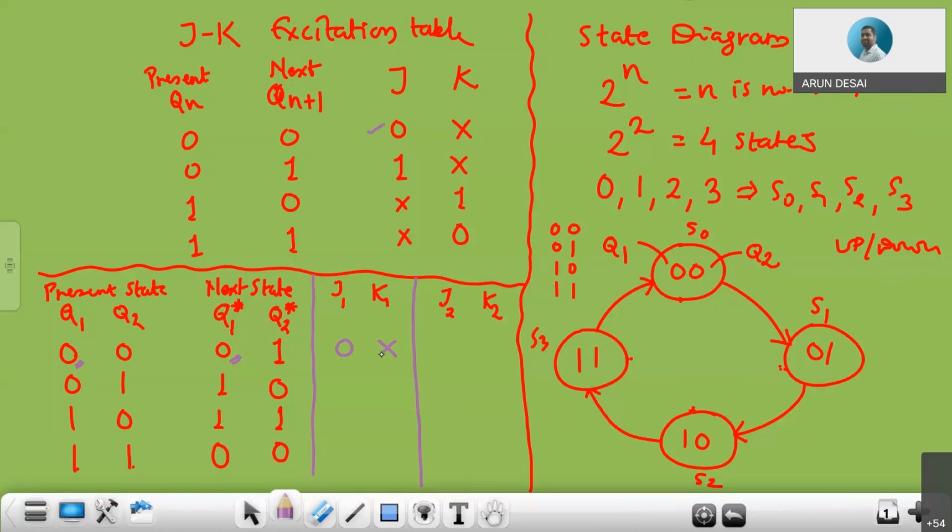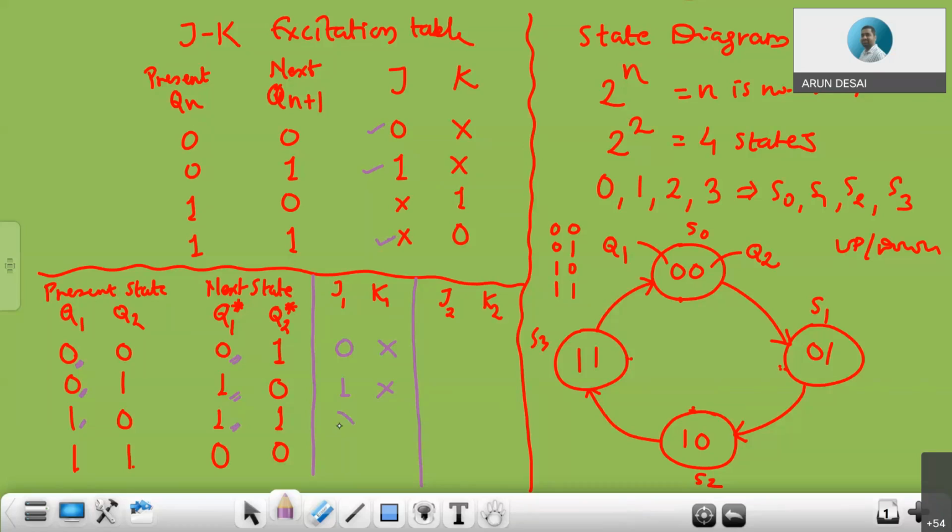It is 0 and don't care. Now my present output is 0 and my next output is 1, right? So what is there in the circuit excitation is 1, don't care, right? Now next, present output is 1 and next output would be 1. In that case, what are my inputs?